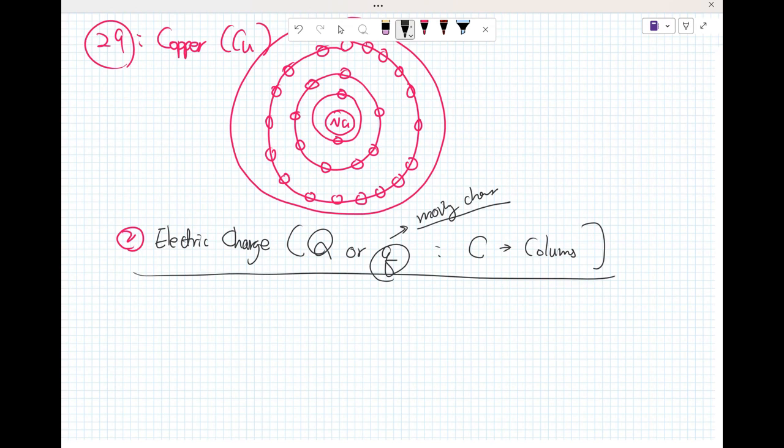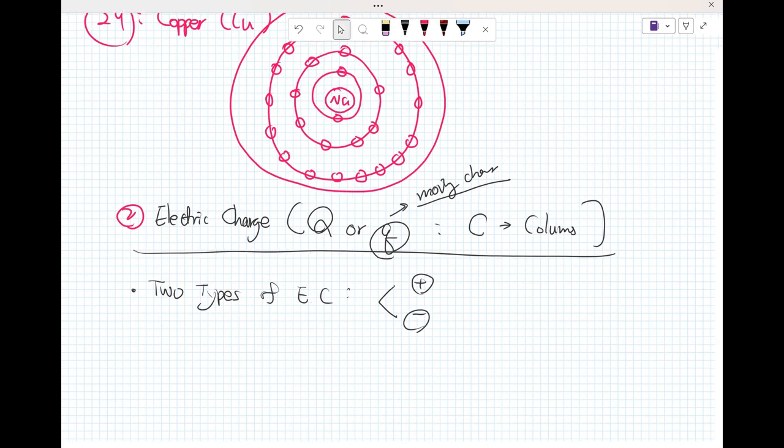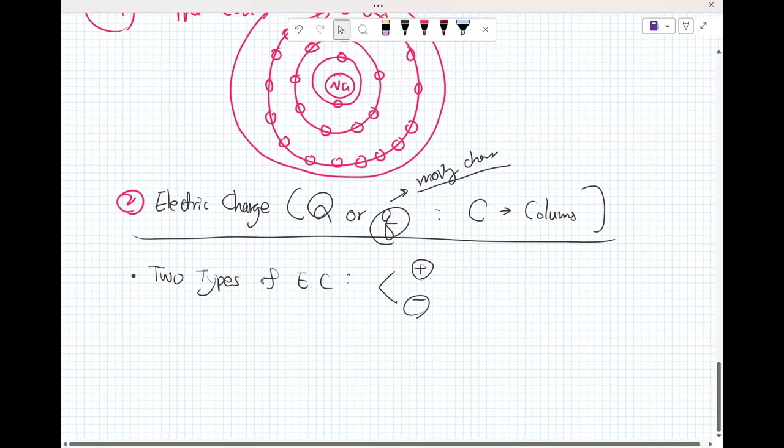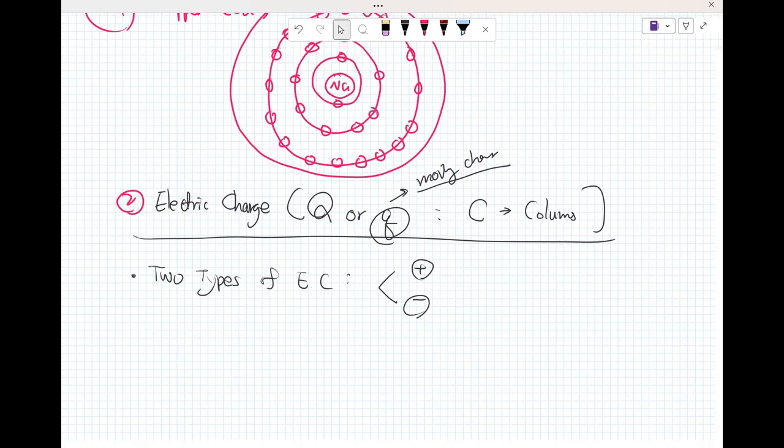The electric charge generates an electric field to move something. There are two types of electric charge: one is positive charge, the other is negative charge. Again, electric charge is measured in coulombs.